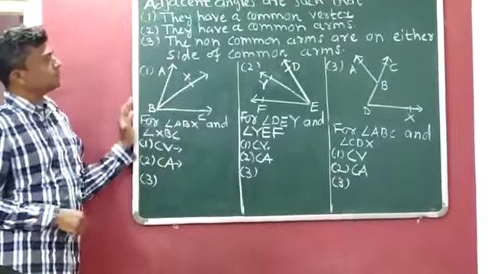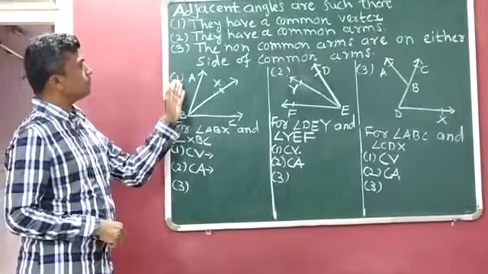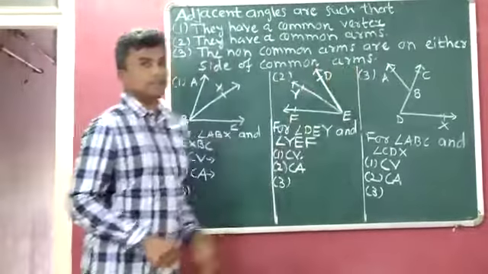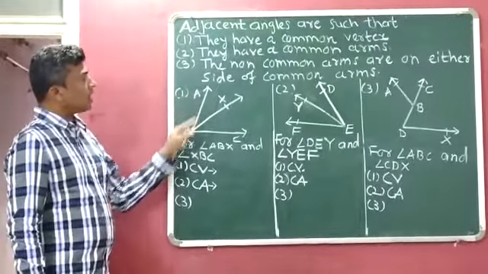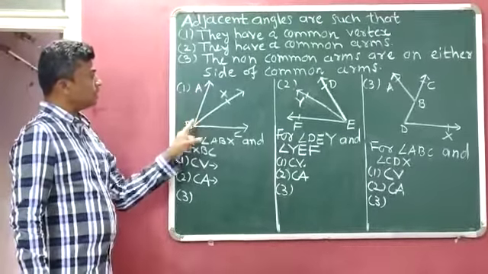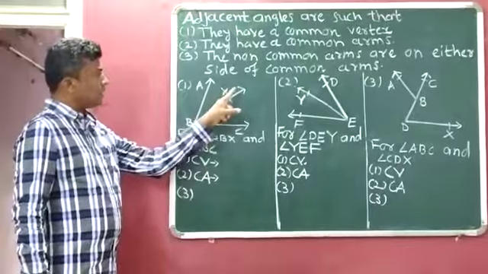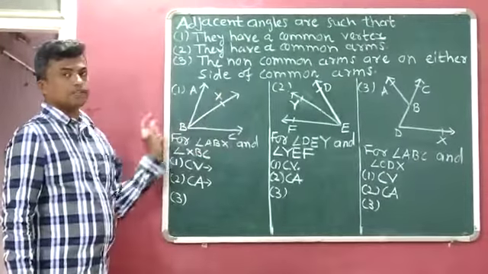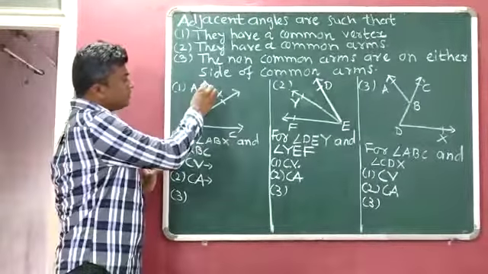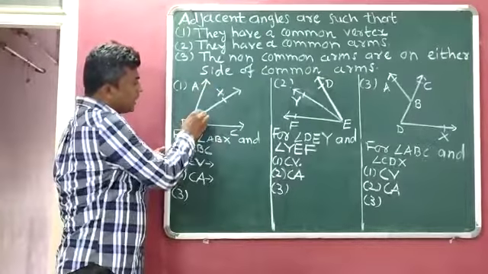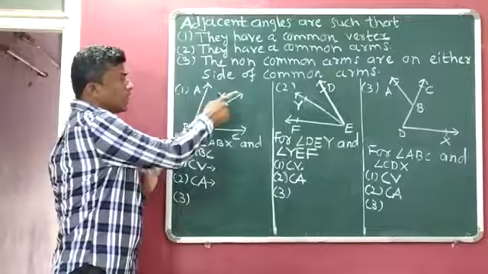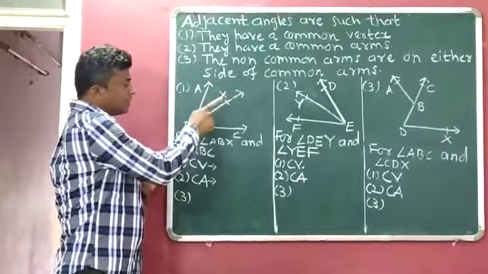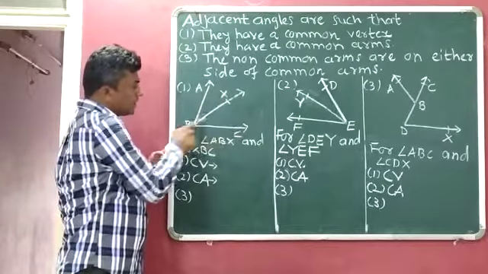Now we will check these three conditions, for example 1, 2 and 3. Now question 1. In the given figure there are two angles, angle ABX and angle XBC. See, in this figure ray BX is available in both angle ABX and angle XBC.